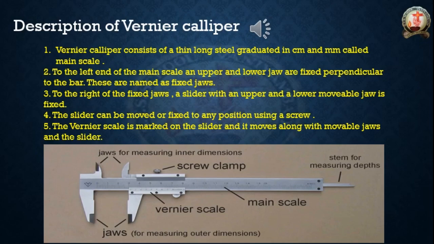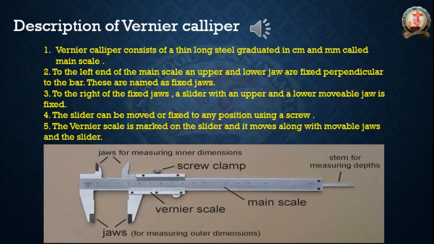Then second point is, to the left end of the main scale, an upper and lower jaw are fixed perpendicular to the bar. These are named as fixed jaws. So please see the figure once again. To the left end of the main scale, you can see two fixed jaws.